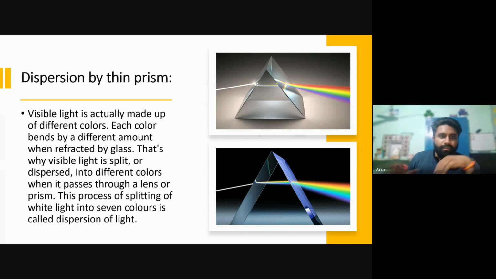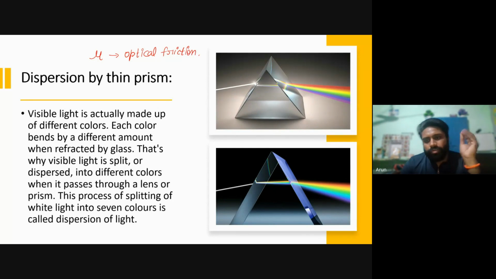What is happening is, this mu, the refractive index of any prism or any material, I have told you, this mu is like optical friction. In air there is no optical friction, so all the colors in white light move in the same direction and at the same speed.